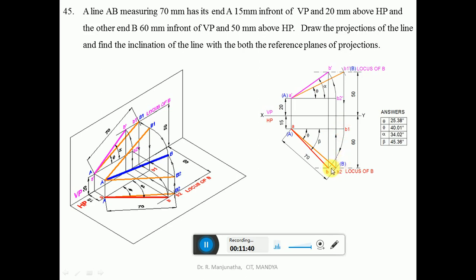We know the locus of B in the top view should lie on this locus. So with A as center, using the compass, you measure the distance AB1 and draw an arc such that B1 cuts the locus at this point, which will be AB. Join A to B with a dark line. So this is the top view. Now you identify this as the apparent inclination with respect to VP, which will be beta.